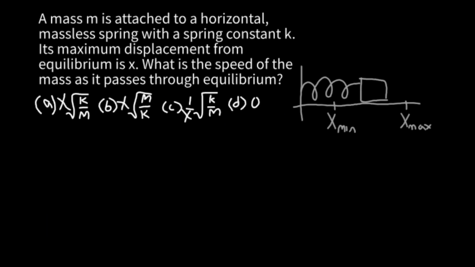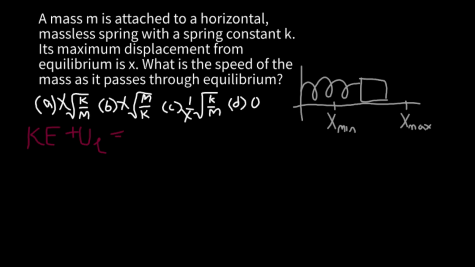This problem is a lot like the last one, except this time we are solving for the maximum speed of the mass as it passes through equilibrium. Alright, well, let's start by writing our conservation of energy equation and set our zero line for gravitational potential energy to be through the center of mass of the block.